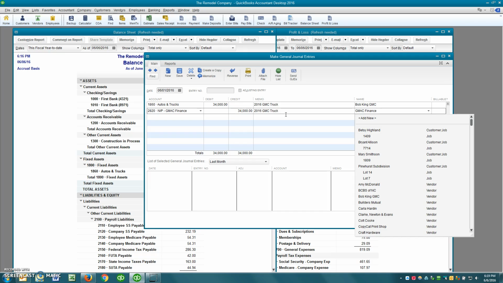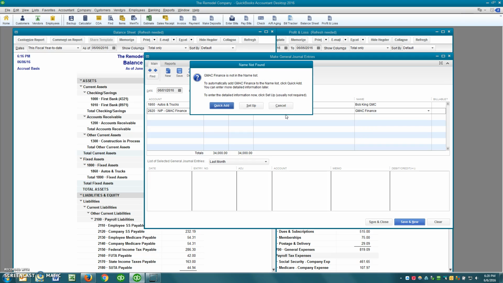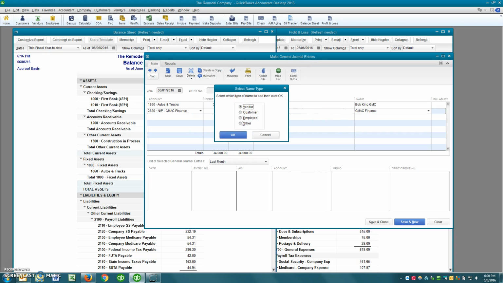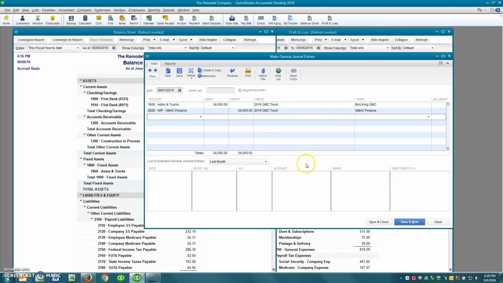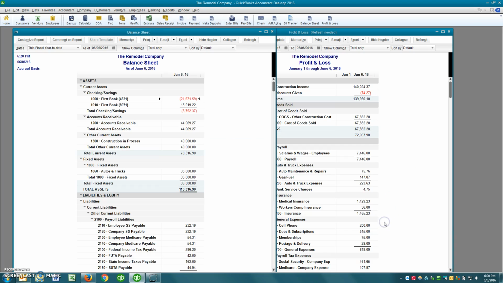But now there's a finance company that stepped in and said, all right, I'm going to pay the $34,000 off to Bob King, give them their money, and now you, the person financing, are going to make the regular payments on it. Okay, so we'll do a quick add to get them in there as a vendor, GMAC Finance, and save and close.